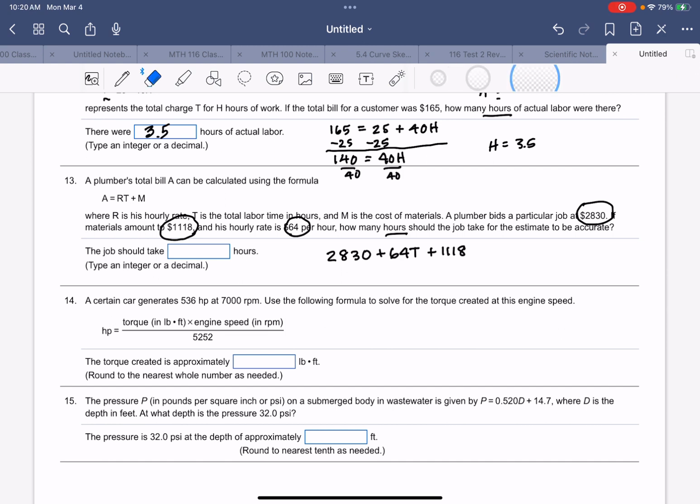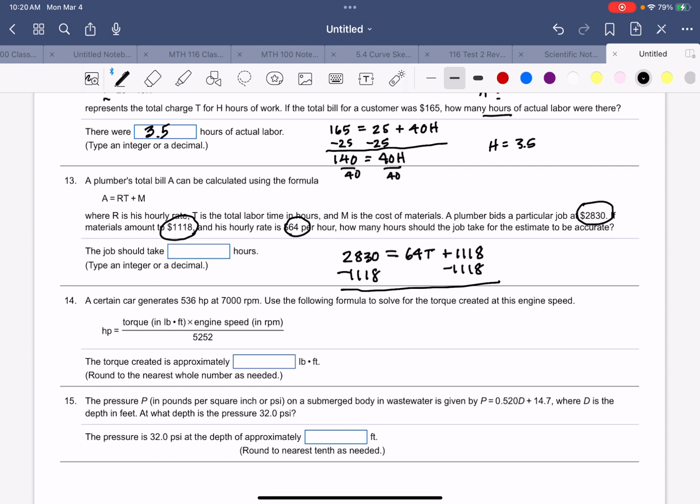And so that's supposed to be an equal sign right here. Let me fix that. So it's going to be 728.30 equals 64 times the time plus the materials, 111.18. We're going to subtract that 111.18. We're solving again this time.